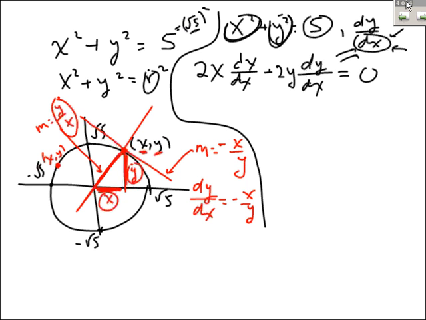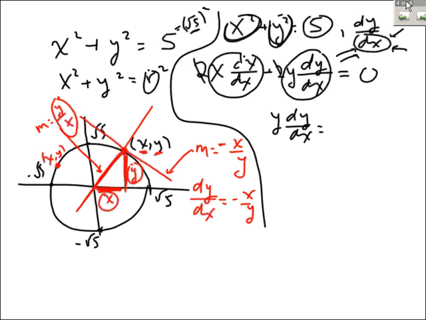First thing I'll do is I'll divide both sides by 2. And now I solve for this. That is, I bring this to the other side. So y dy dx is equal to, this was understood to be positive. When I bring it over, it becomes negative. And the dx basically cancels out. Now, if killing off the 2's were a little bit too premature for you on the last line, well, there's the 2.